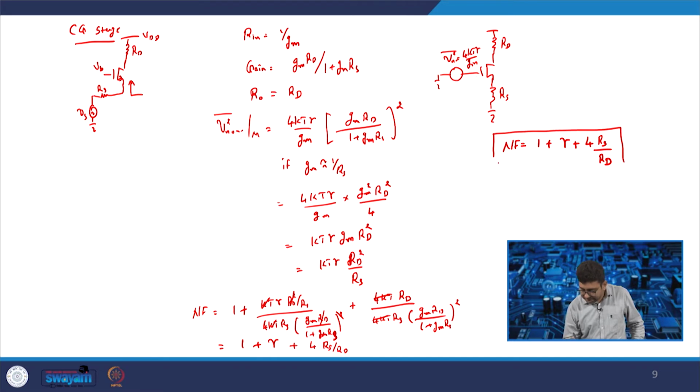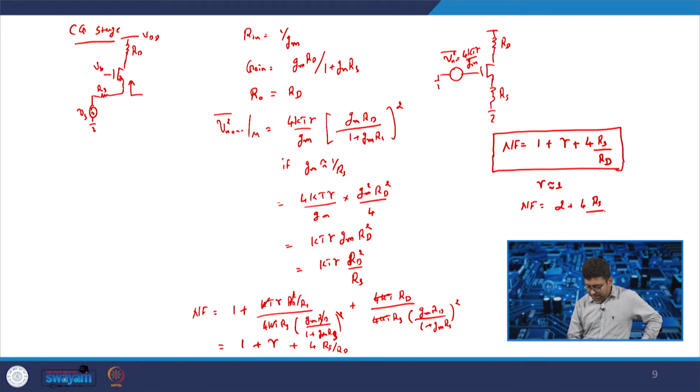So we can see that by using this configuration we can reduce the noise a little bit, but if we consider gamma equal to 1, then this noise figure again is 2 plus 4 Rs by Rd.